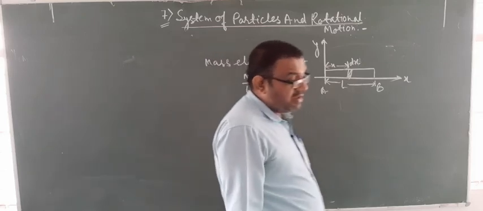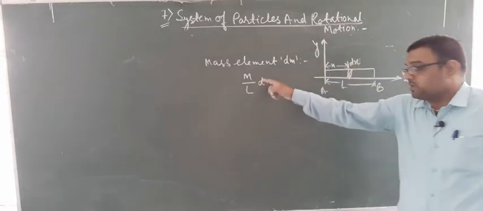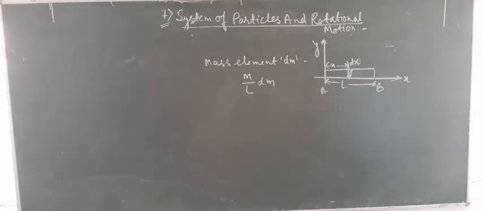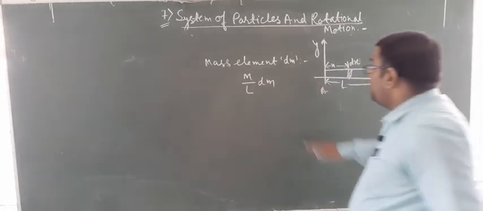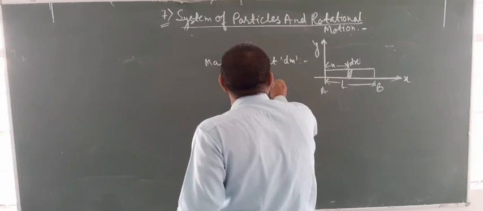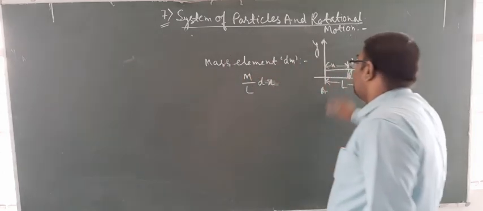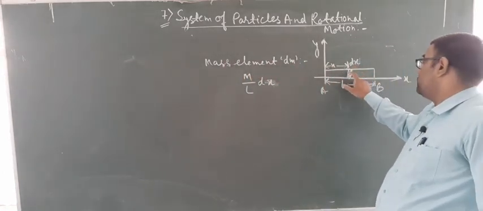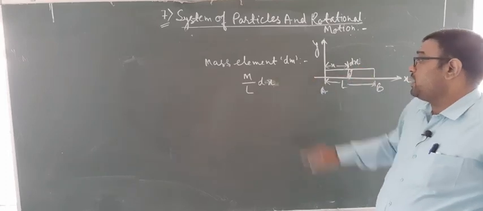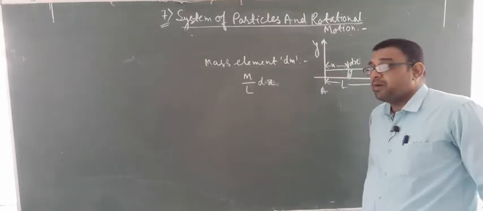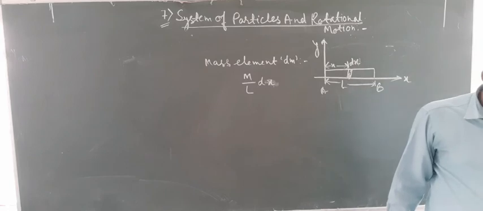Mass per unit length is m upon L, and the element has length dx, so dm is equal to m by L into dx.